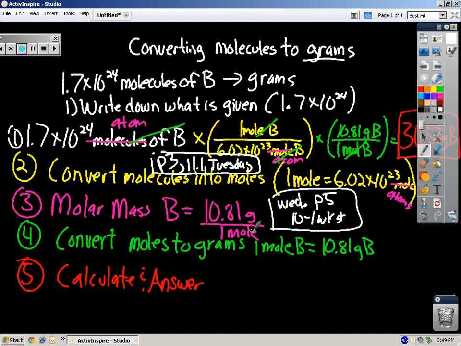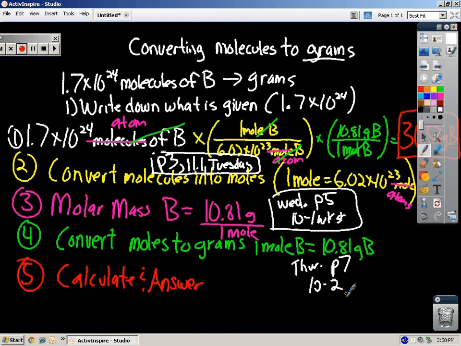If you also don't understand, I'll come around and help you guys here in just a minute. The final step, converting moles to grams. That was done on Thursday, and you did that on page 7 of your interactive notebook. And to help you with that, 10-2 worksheet was also for you guys to do in class so that you get an understanding of how to do those kind of problems.